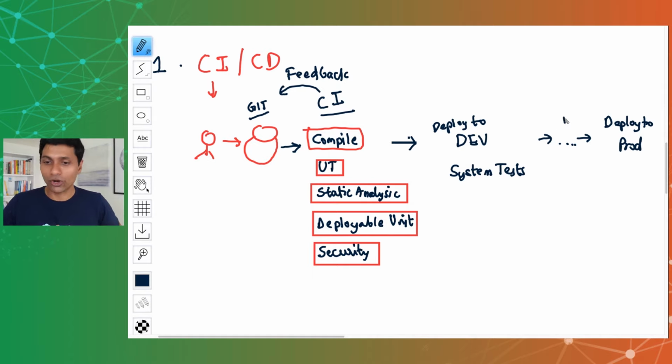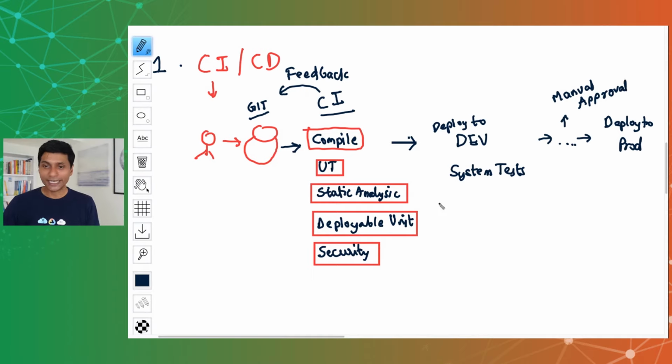A lot of times, the entire deployment to production is not automated. Some of these steps might involve manual approvals. You might want to do manual testing. You might want to get approvals from your UAT team. So there are different people who are involved in making decisions whether you can actually take a piece of software live. So a lot of enterprises don't want to directly automate the entire releases to production.